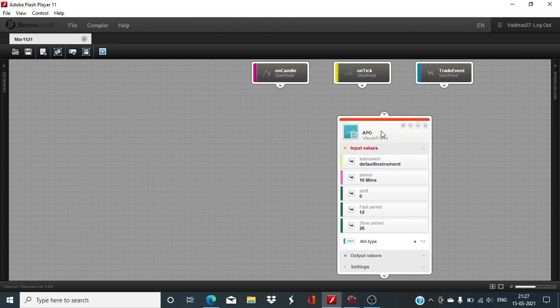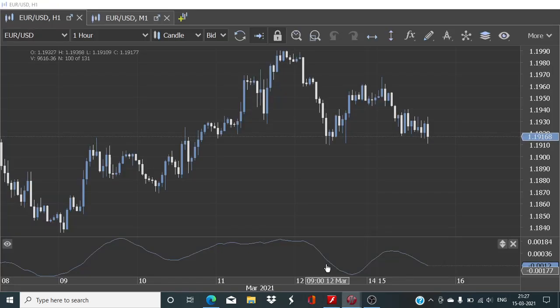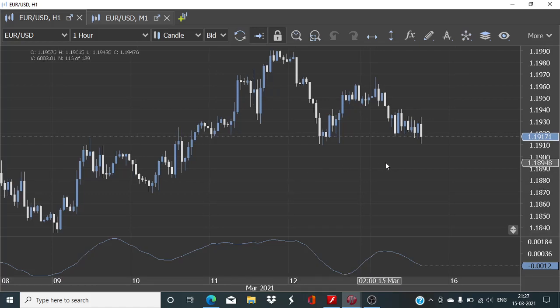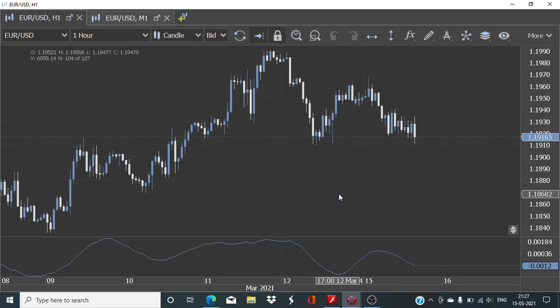So first I will explain to you the logic behind the algorithm which we are going to develop on the chart, and then we can add the indicator blocks as well as other blocks as per our requirement on the Visual JForex platform.